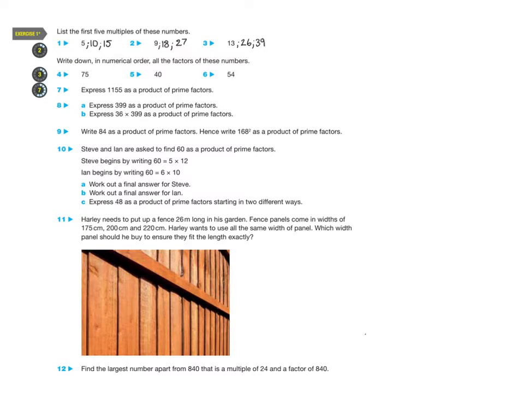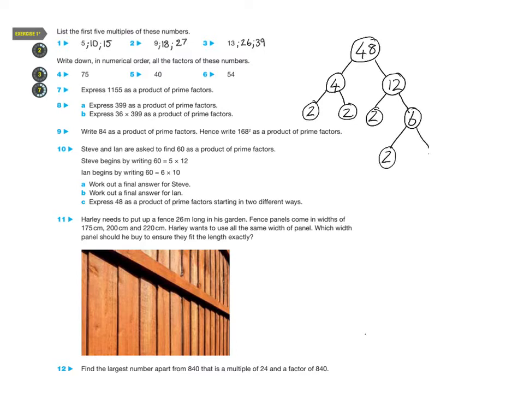And that means we could have started with 48 and let's divide it by 4, which gives us an answer of 12 over there, and 4 of course can be 2 times 2, whereas 12 is 2 times 6, which we can then split up into 2 times 3. So 48 as a product of its prime factors is going to be 2 to the power of 4 times 3.